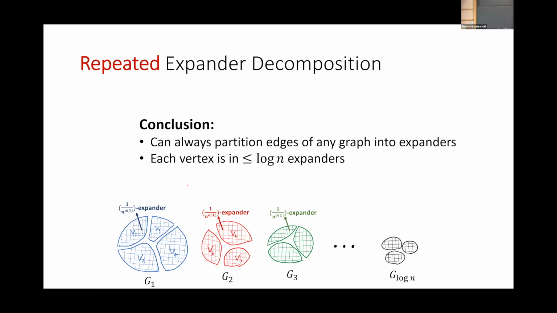Not disjoint, okay: you partition edges into expanders such that each vertex can appear in at most log n expanders. Because there are log n layers, and for each layer, there are really vertex disjoint expanders.